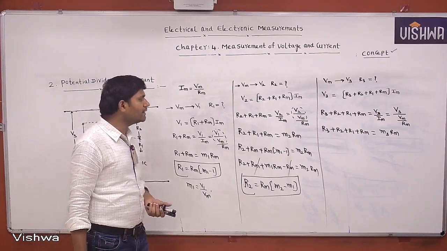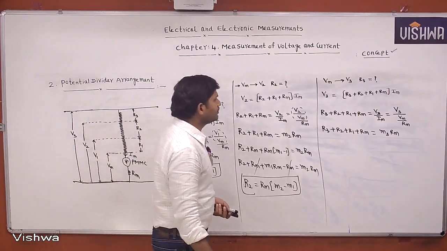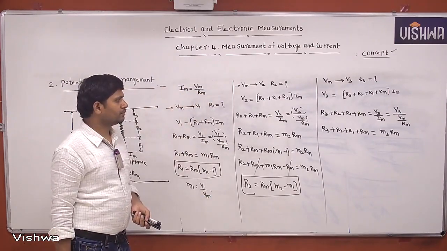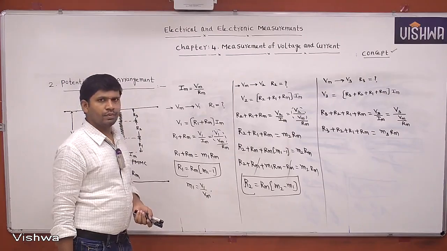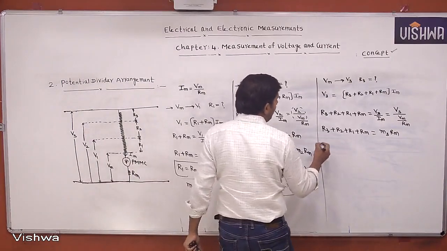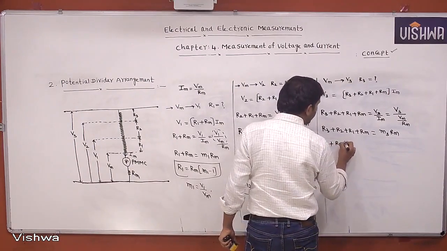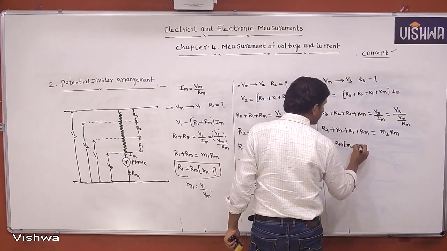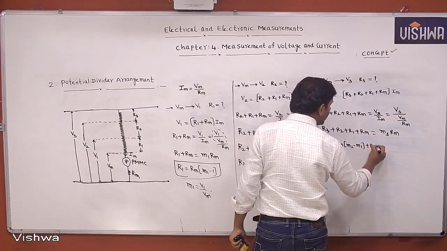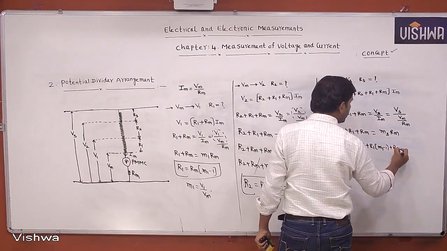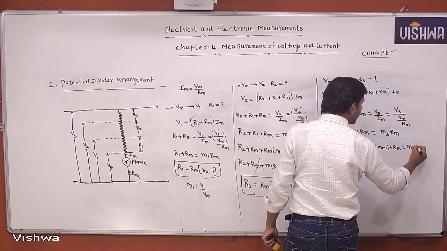Then you can design R3. You write R3 plus R2, which is Rm into M2 minus M1, plus R1, which is Rm into M1 minus 1, plus Rm, equal to M3 into Rm.